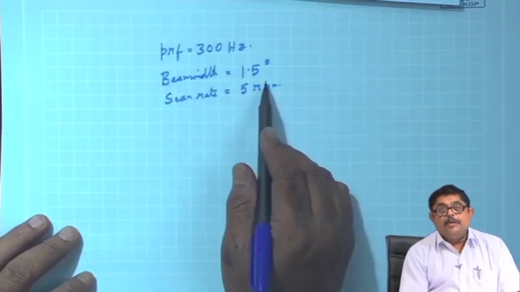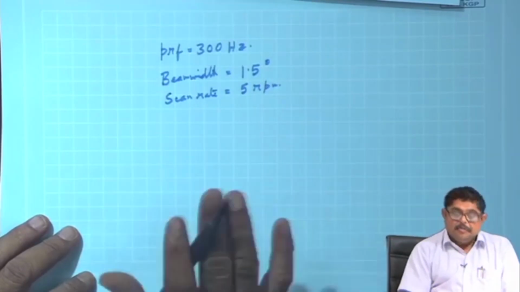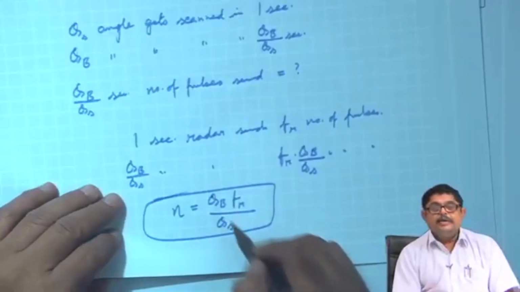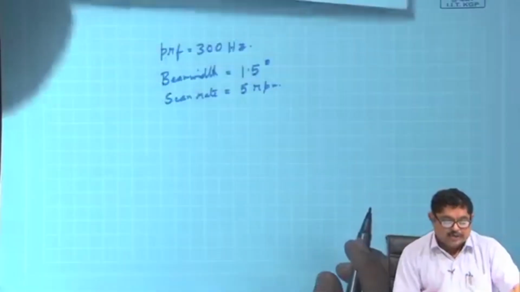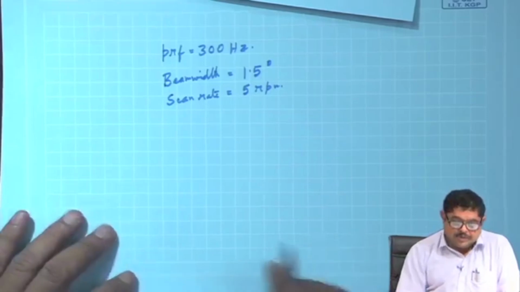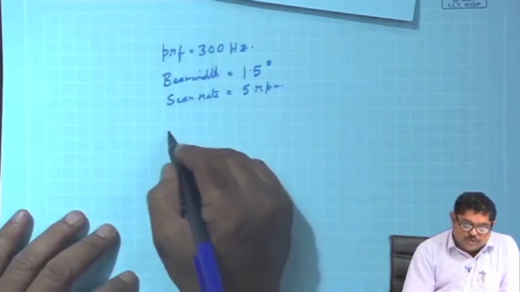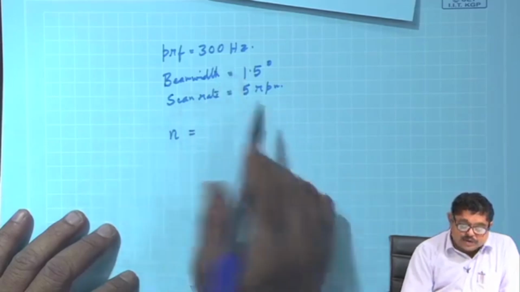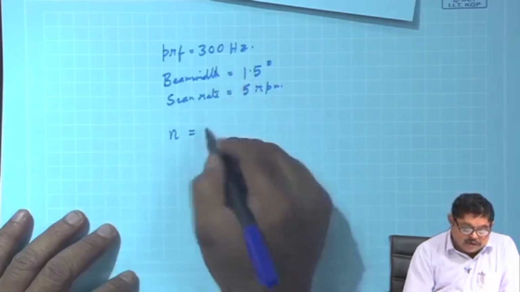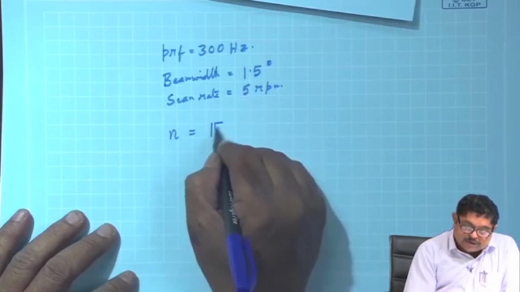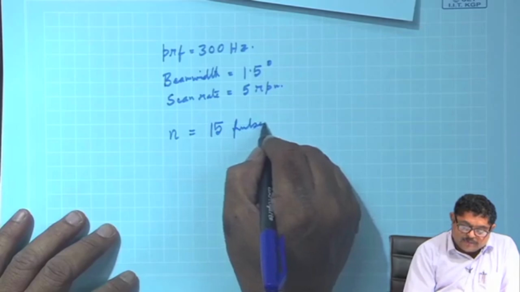Remember that I have given the beam width as 1.5 degree, but be careful, because in these equations theta b and theta s should be angles in terms of radians. So, if you do that, you will find that this n, theta b by theta s, will be 15 pulses. So, I am integrating.